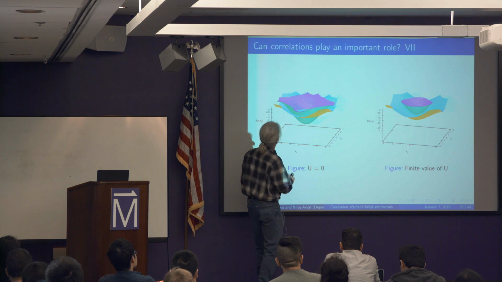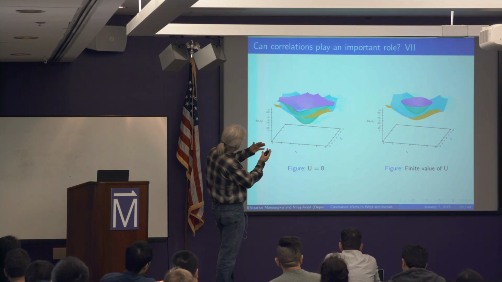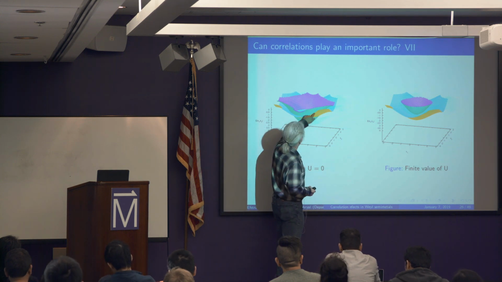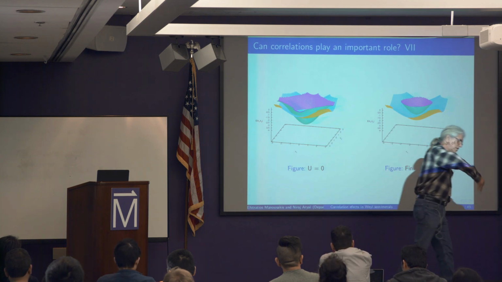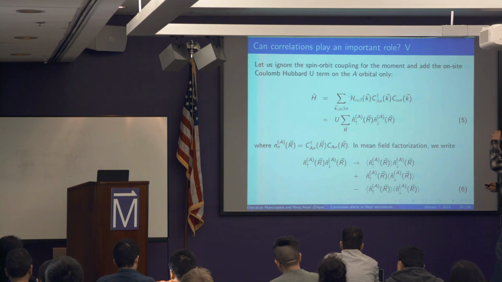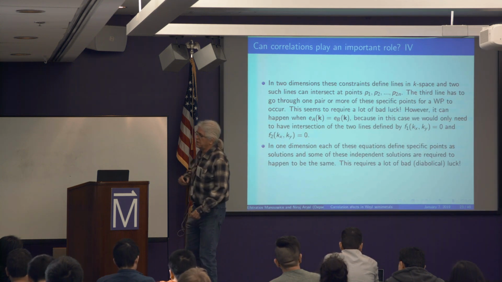Here is one surface, I don't know if you can see that. And as these two surfaces intersect, they define a line. And then the third surface has to come and cut that closed line. And that's possible. It's not a terrible accident.